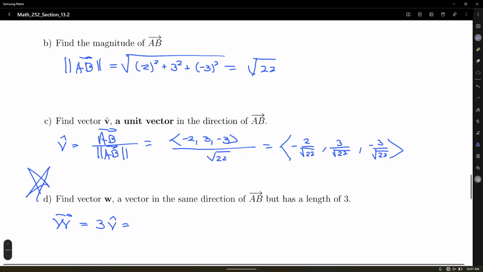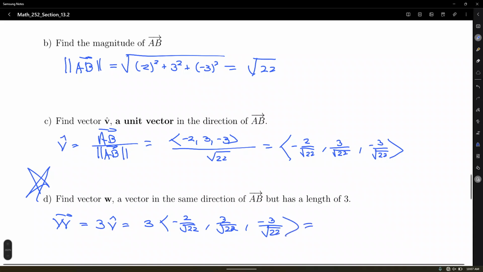That means this will be 3 times (-2 over root of 22, 3 over root of 22, and -3 over root of 22). Okay?